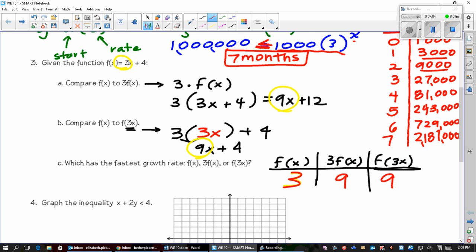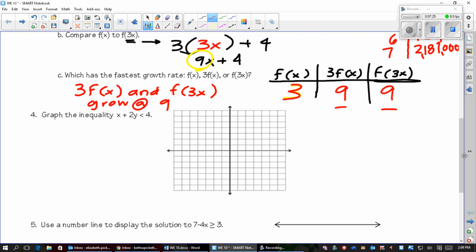Okay, so 2 of these are growing at equal rates. So 3f of x and f of 3x grow at a rate of 9. Okay, so they both have the fastest growth rate. They tied.